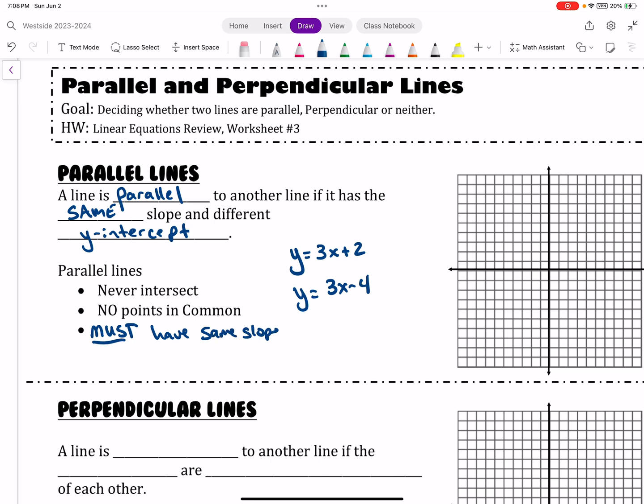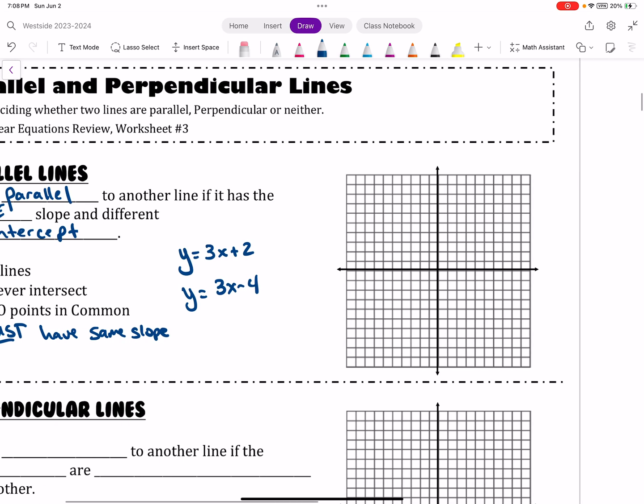If I were to graph these two lines over here, y equals 3x plus 2, I'd start at positive 2. My slope is up 3, right 1, up 3, right 1. Sorry, my pen keeps going out. So this would be that top line, 3x plus 2. I'll switch colors.